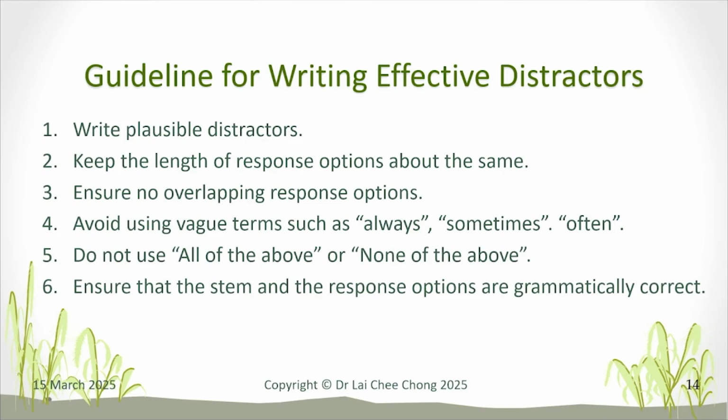Now, so far you have understood item analysis. This is the micro view to evaluate test effectiveness, because you're looking at the individual test item. But now we'll take a global, or macro, view of the whole test paper.